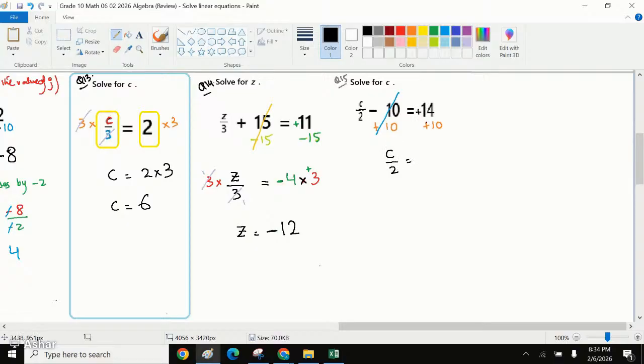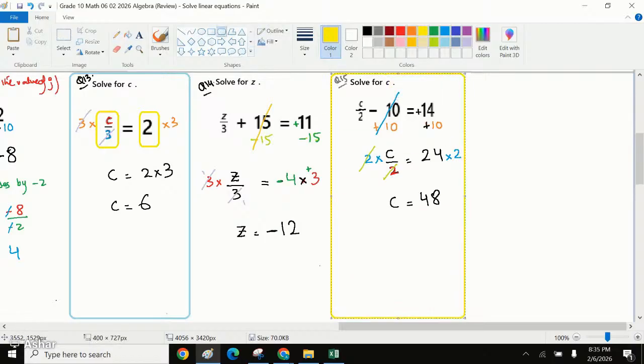When both the numbers have the same sign, they are added. 14 plus 10 is 24. Agreed? We need to remove this 2 from the denominator. c is being divided by 2. That means in order to remove this, can we multiply both sides by 2? And this cancels out. So we can say c is equal to 24 multiplied by 2, which is 48. So we can say the answer for c in this given question was 48.